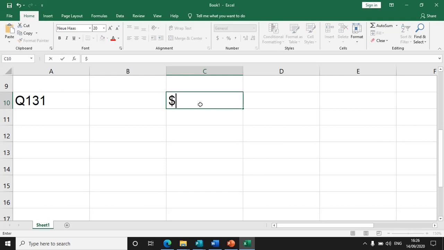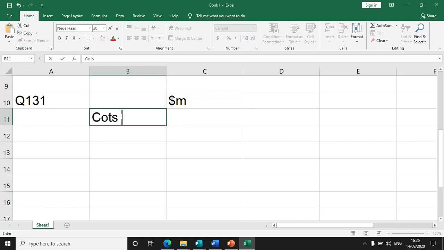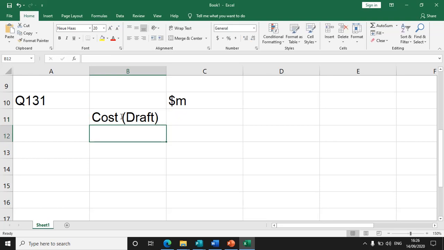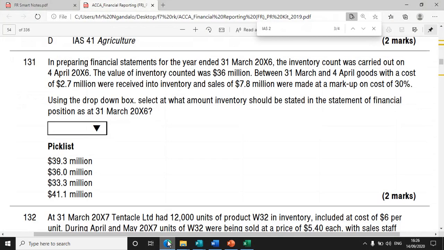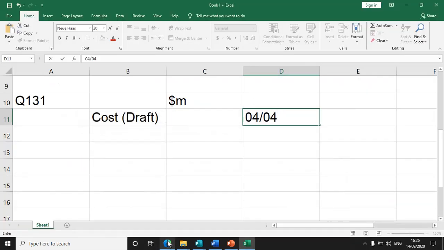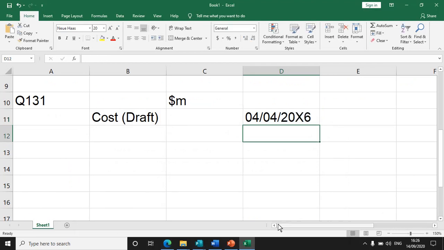So I think I'm dealing with millions of dollars. All right, so the cost is given there, and of course this is for 4th of April 20x6.